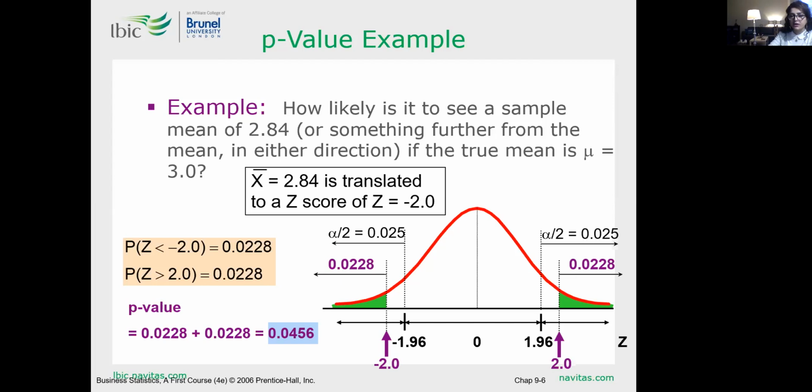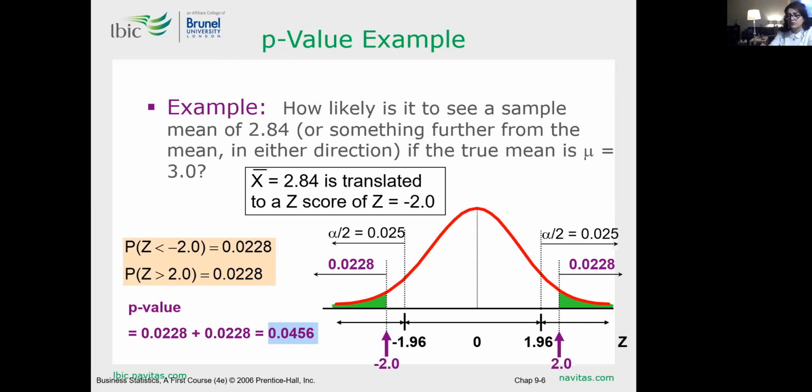It's not enough to calculate one side and say that's my probability. You need to find the p-value by adding both sides, the smallest value of alpha in both tails.